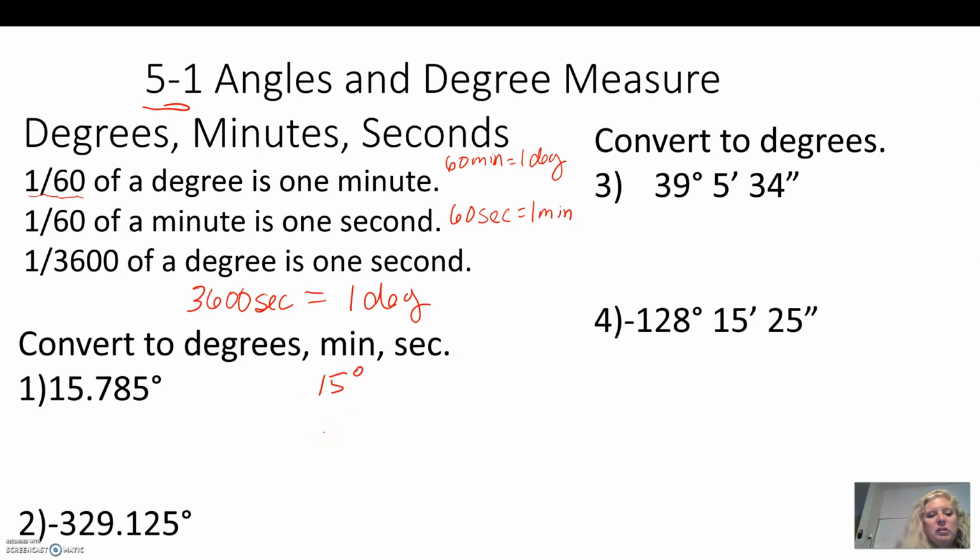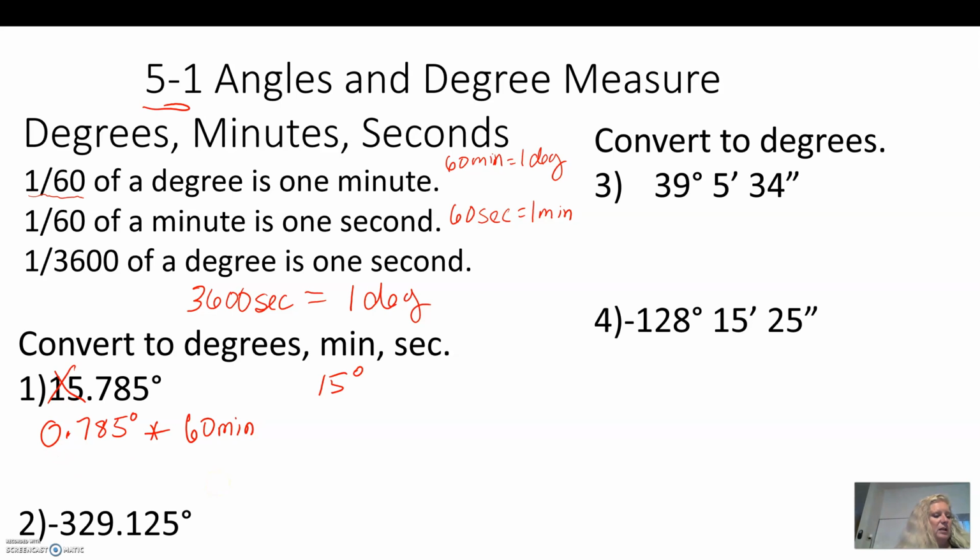I've dealt with that one first. Now we have this decimal. The decimal is where we get our minutes and seconds from. I know that there are 60 minutes in 1 degree, and this is 0.785 degrees. So if I multiply that by 60 minutes, that's going to give me some other number.